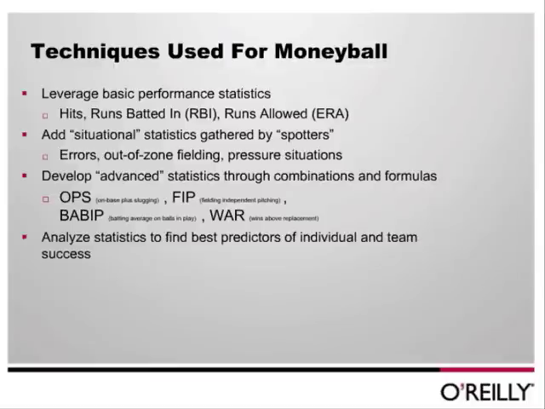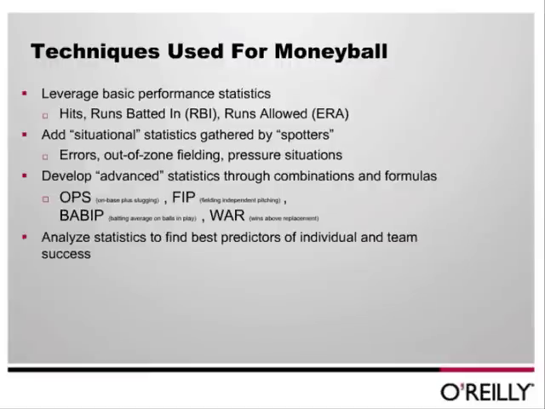Fielding and where you field on the field is now something that people keep track of. How far you ran to the ball, for example. Whether you're dealing with a pressure situation or not is now something people keep track of. Using these situational statistics and the basic statistics, advanced or combination statistics and metrics can then be formulated. If you follow baseball now, there are commonly referred to statistics that no one ever talked about 10 years ago.